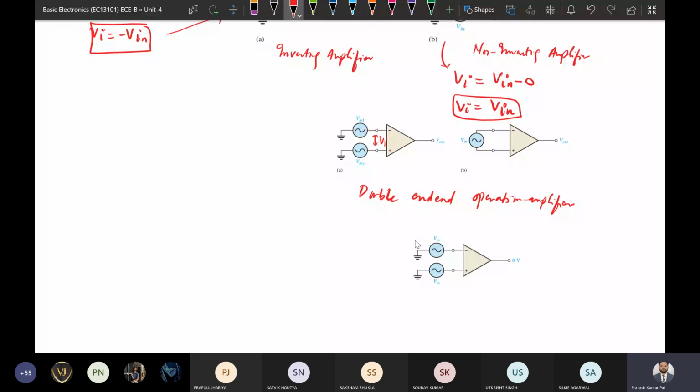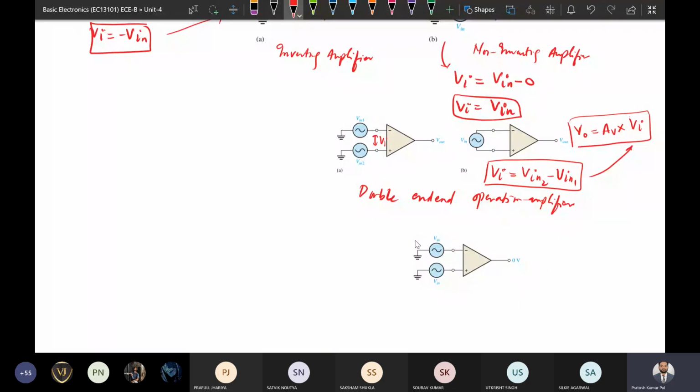This is the positive side, this is the negative side. The difference will be V input 2 minus V input 1. So based on that, the output will be the gain multiplied by V input, that is the difference of these two. So this is the case of double ended.